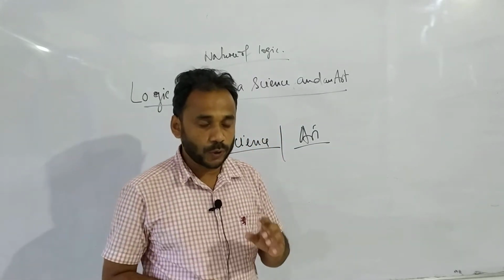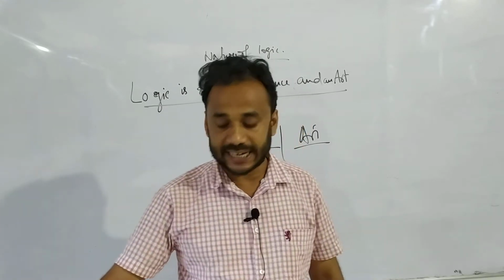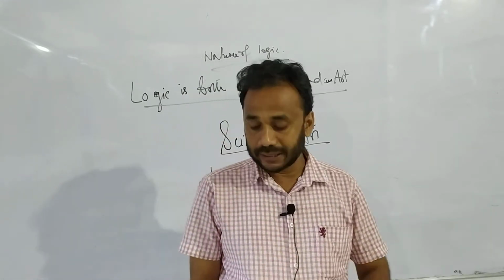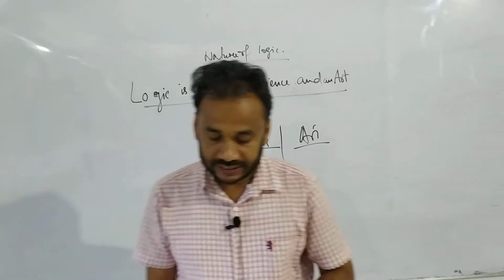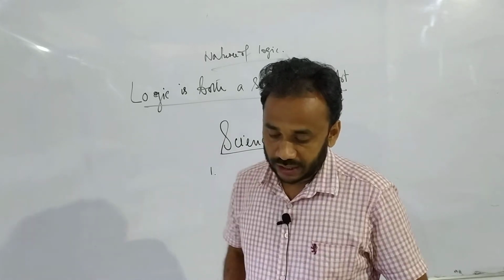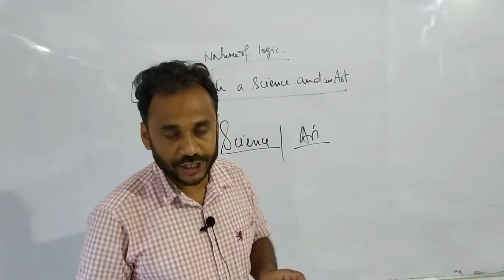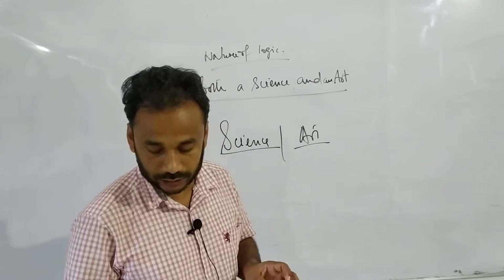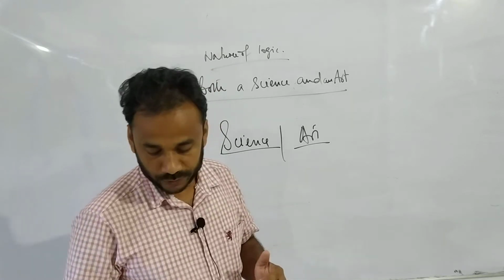And the number 4, the last point: a science aims at discovering universal laws that govern particular facts. On the other hand, an art lays down some definite rules or techniques for the attainment of a definite purpose.